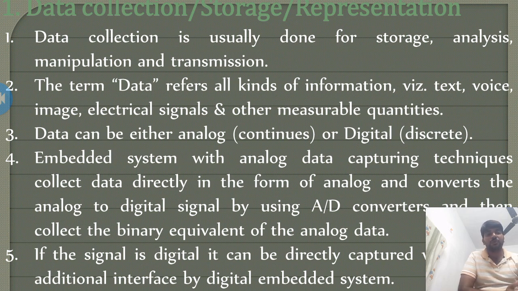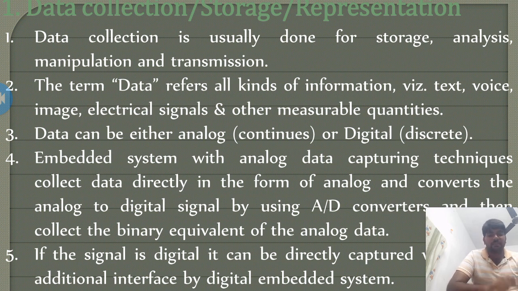Similarly, digital embedded systems directly collect the digital data without any interface. So if you have to collect analog data, you connect one ADC, and the ADC device converts it from the analog to the digital domain. For digital data collection, the controller collects data in digital form only, so there is no need of any converter.